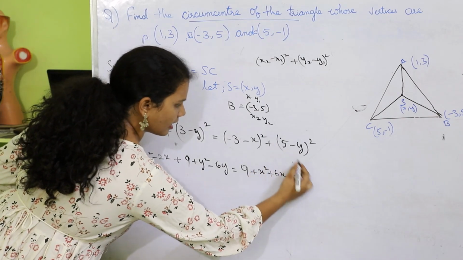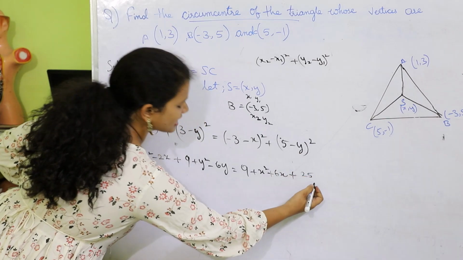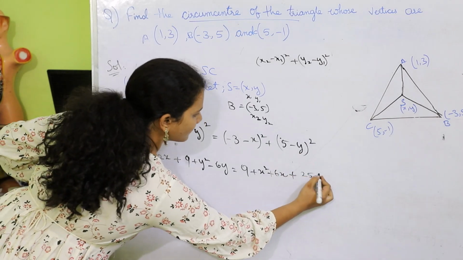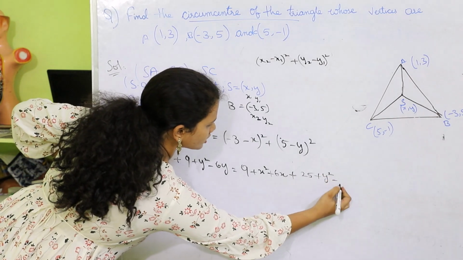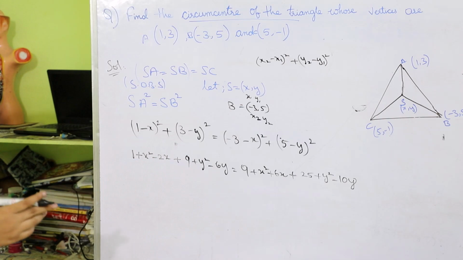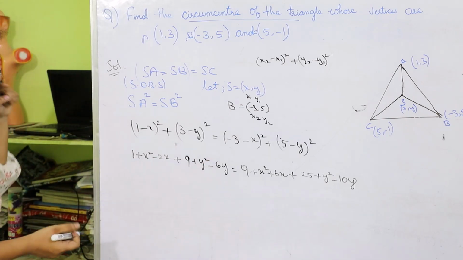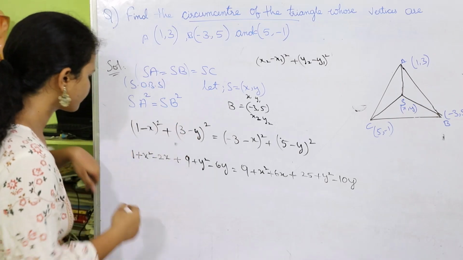So again plus over here. Hope you got it. And here you have 5 minus y whole square. So 5 square is 25, plus y square, minus 2 fives are 10y. Clear. So this is what we got. Now guys, just try to solve this.